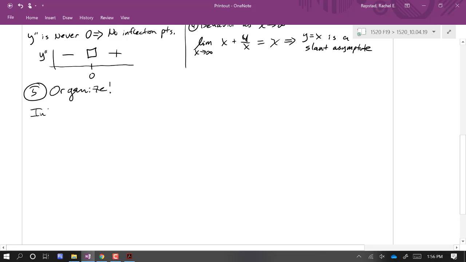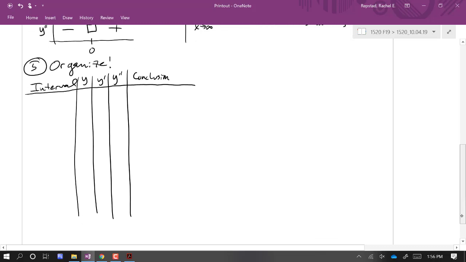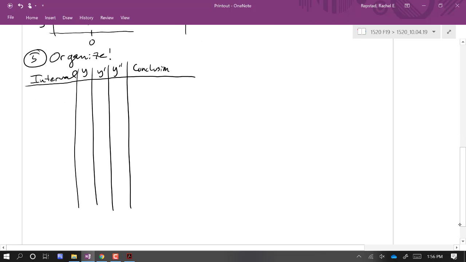So we're going to write down the interval, a y column, y prime column, y double prime column, and conclusion. The points of interest that we had were at -2, 0, and 2. I think that encompasses both the first and second derivative.